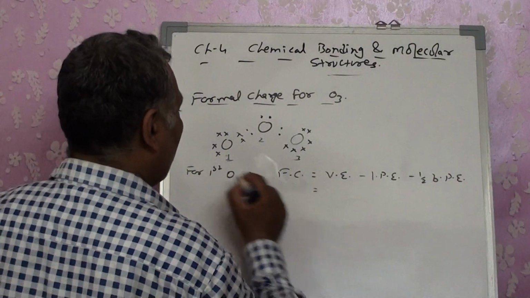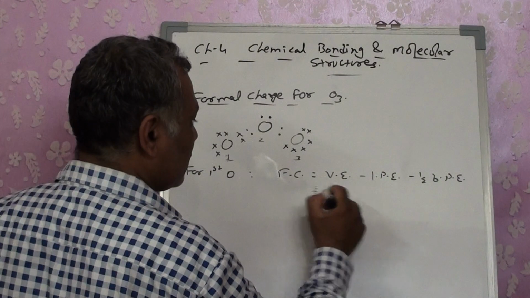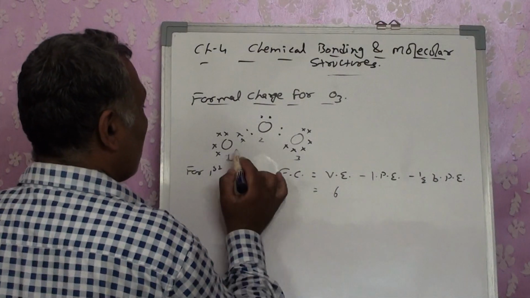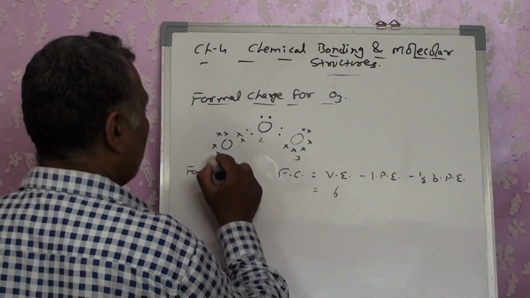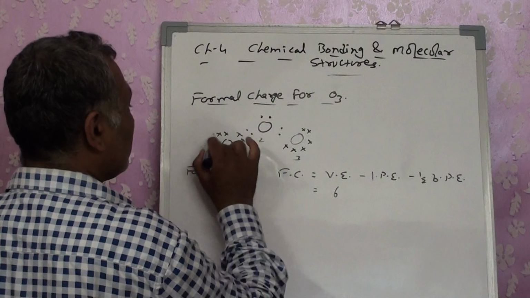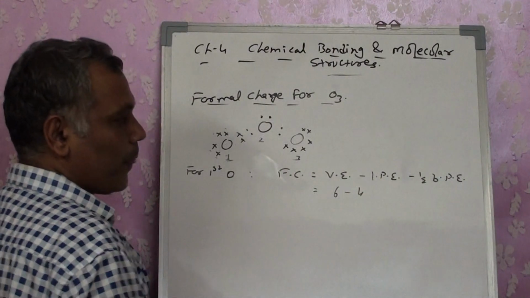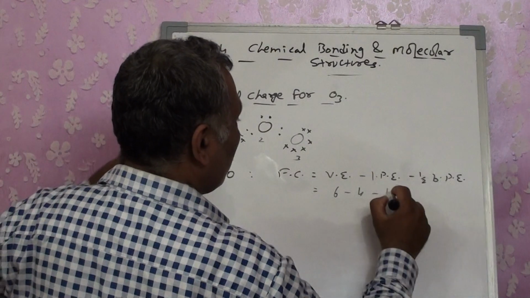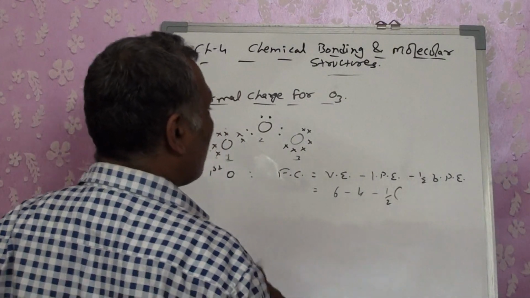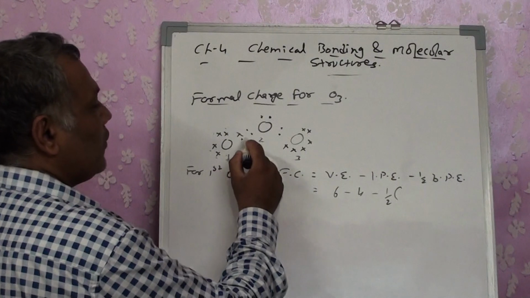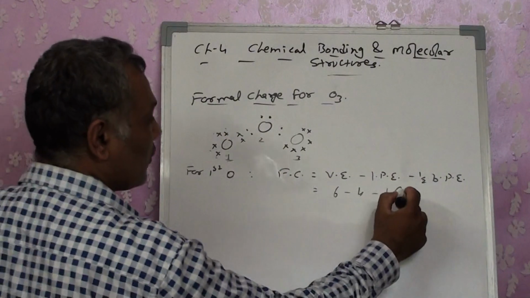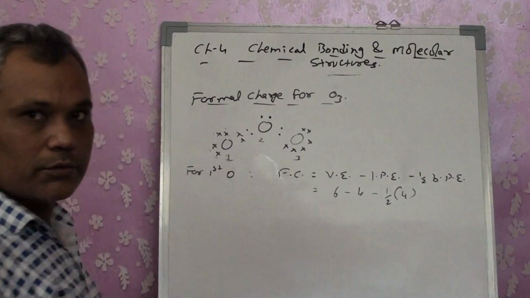Let's check. What are the valence electrons for oxygen? 6. Now how many lone pair electrons are there? 1, 2, 3, 4. So we have 4 lone pair electrons. Minus 1 by 2 of the bonded electrons. How many bonded electrons are there? 1, 2, 3, 4. There are 4 bonded electrons.